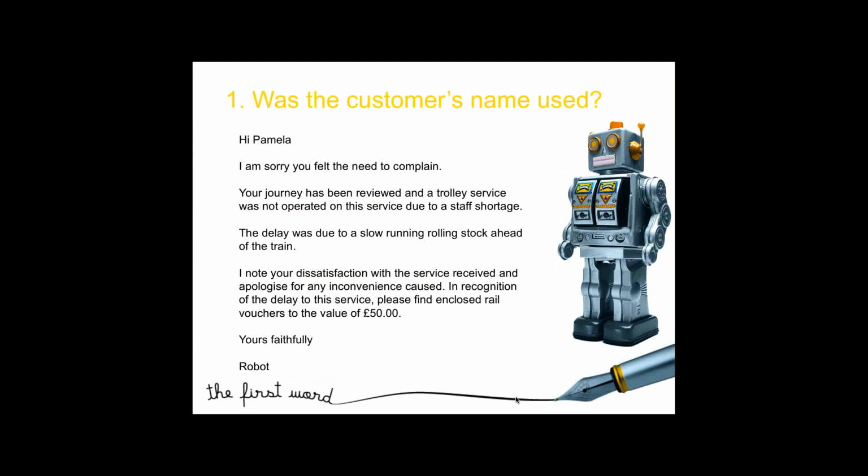Well, it looks like Robot has dug into the files and found out that Mrs. Hanley's first name is Pamela. So if we take this question at face value, we've got to say, yes, the customer's name was used. Does Mrs. Hanley want to be called Pamela? Hi, Pamela. She didn't write that in her email, so the chances are no. But because we've asked this question, we have to give the robot a yes.